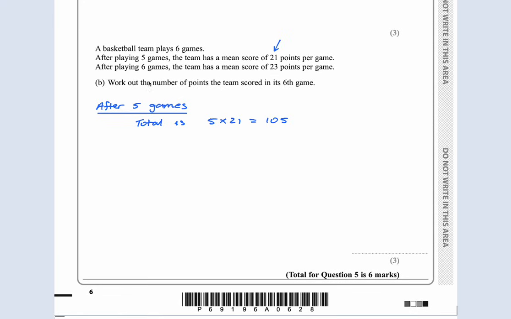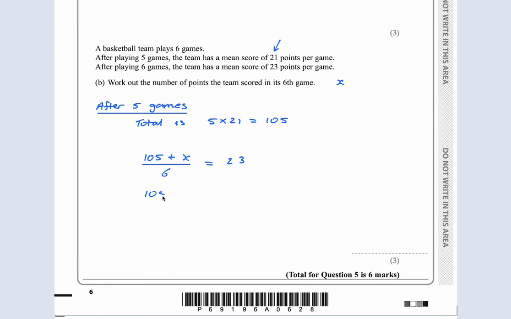So the number of points is going to be X. Let's call this X, how much they scored in the 6th game. And that means 105 plus X, whatever they scored in the 6th game, divided by 6, because now it's out of 6 games. This has to equal 23. That's the difficult bit, and then you can solve this however you want. You need to add a number, divide by 6 to give you 23.